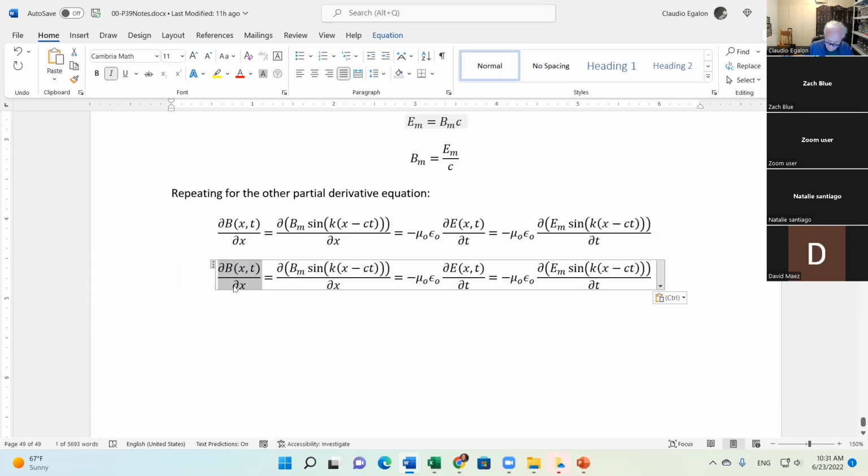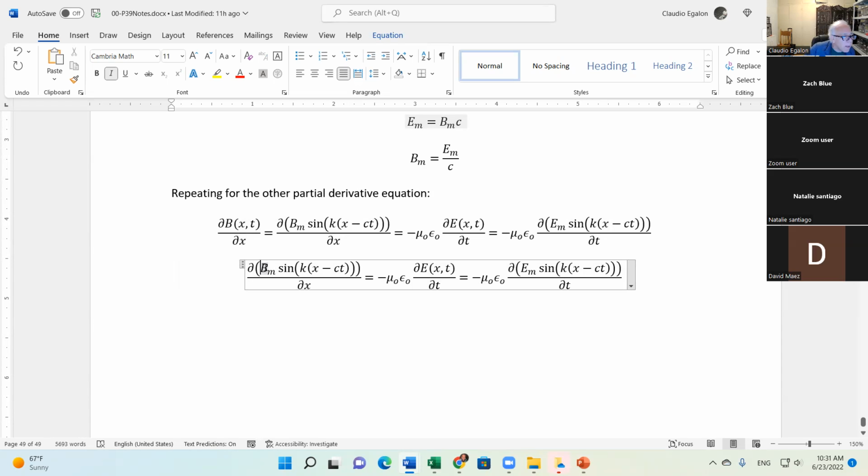This one, B_m goes out. I'm doing it in a slightly different way than I did before, right? Cosine becomes cosine. We are differentiating with respect to x, so it becomes k cosine.